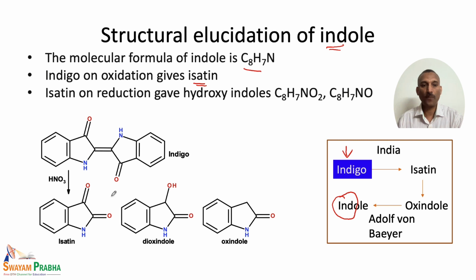Basically, use of nitric acid for the oxidation of indigo led to the formation of the isatin unit, and this isatin was then reduced to give dioxindole, and this was further converted to oxindole, and from oxindole indole was finally prepared. So Adolf von Baeyer worked on this, and he finally deduced the structure of indole. That's the reason he gave the country name India to this compound as indole.